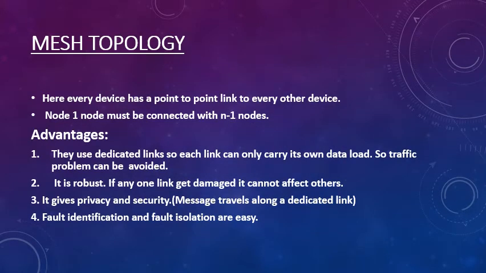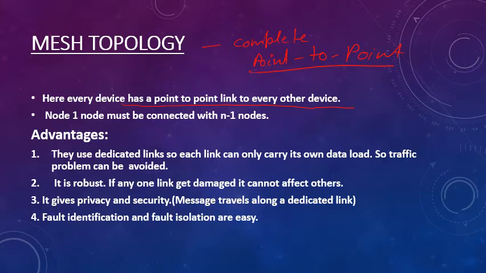Mesh topology. Mesh topology is also known as a complete topology. It is also known as point-to-point topology. Here, in mesh topology, every device has a point-to-point link to every other device.